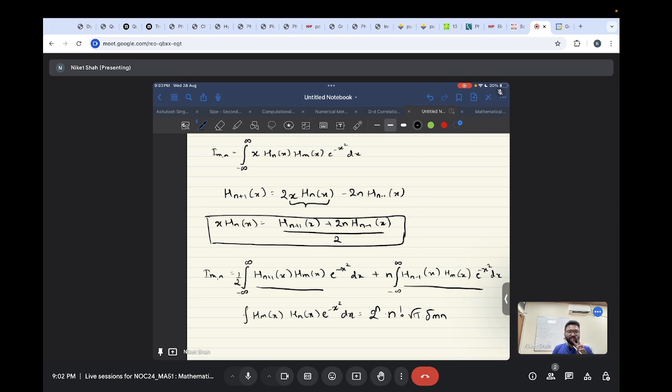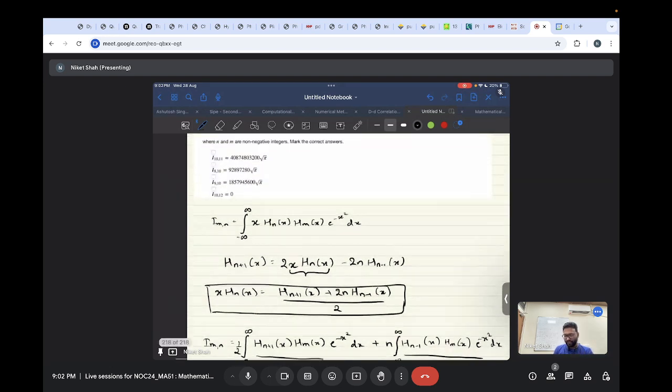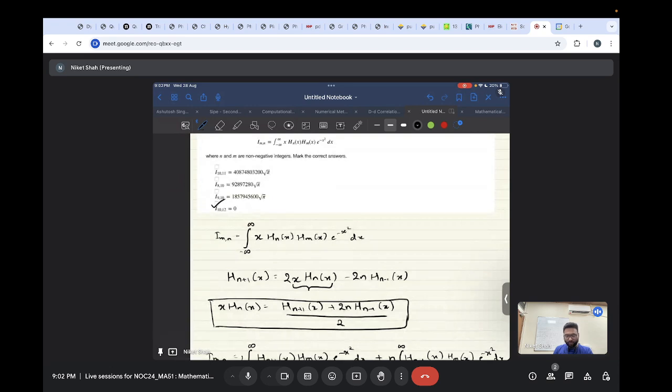So if the difference between m and n is not just 1, then Imn is going to be 0. This is what we can for sure say. So just two options right here. Off the bat you can mark I of 10 comma 12 as going to be 0 because of m and n.